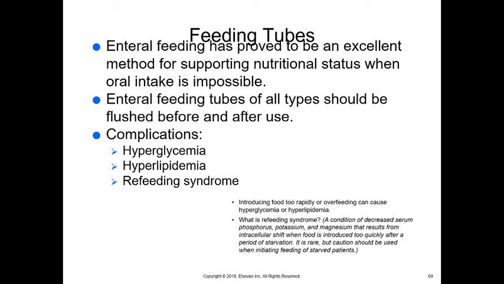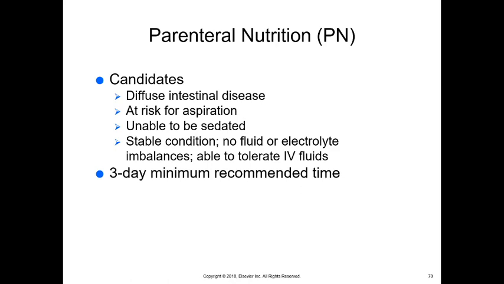But what will happen is that it will actually kill the pet. So if we have an animal that has been starving for a long period of time, we need to slowly and gradually reintroduce food. So don't want to feed them a lot of food right away.